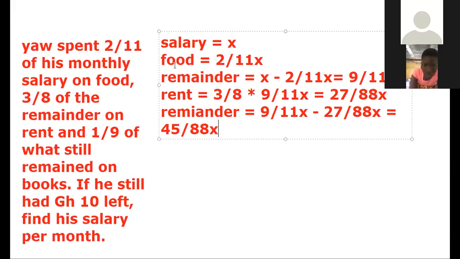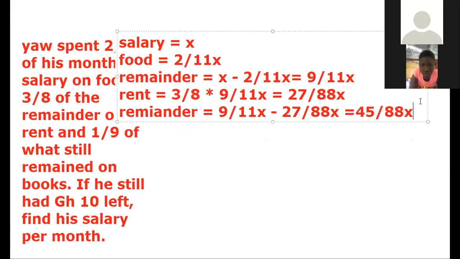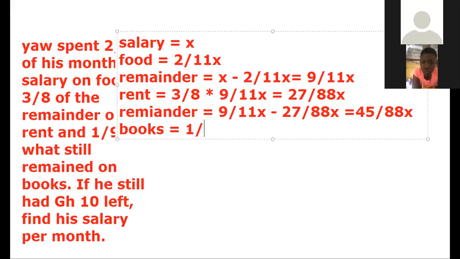So this is the amount remaining at the moment after he spent on rent. Now, after spending on rent, he still spent on books. That's 1/9. So he spent 1/9 of the remaining amount on books, and right now the remaining amount we have is 45/88x.